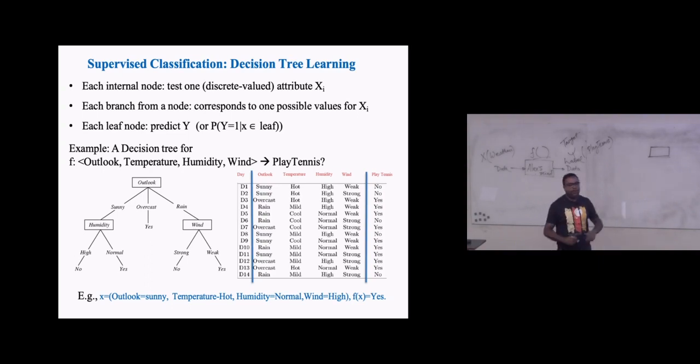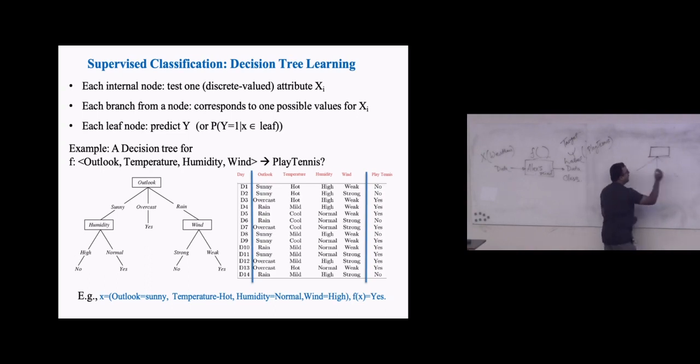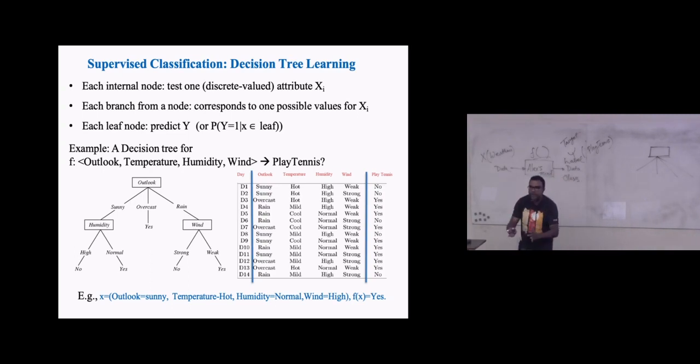And why is that important? Because you have to decide which route you are going. You cannot have an indefinite amount of paths. There has to be a restriction. That's how trees are defined, right? So what is an assumption that we make in a decision tree? That the attributes of X, the input data, the features, are discrete.